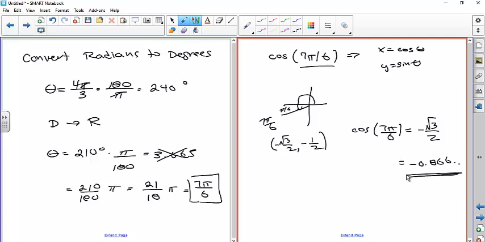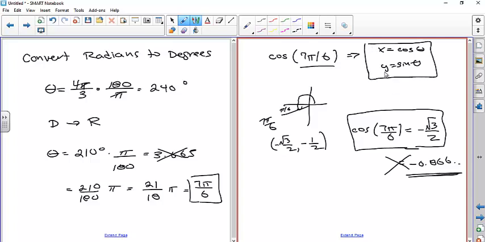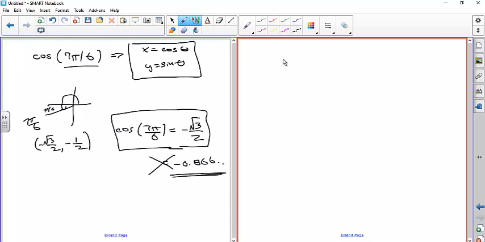And if you give me that answer, it's wrong. Okay, I expect you to be able to read the numbers off of the unit circle and know which coordinates correspond to which functions. So don't try to get away with that, because I'm not going to give you any breaks on it. Again, that just shows me you can plug numbers into your calculator, which is not too great a skill.